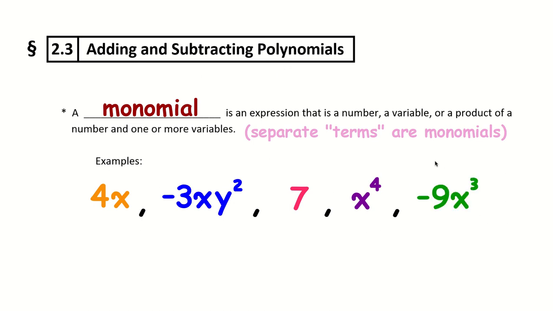Negative 9x to the third power, that's a monomial. So all of these are pretty good examples of monomials, or expressions that only have a single term.